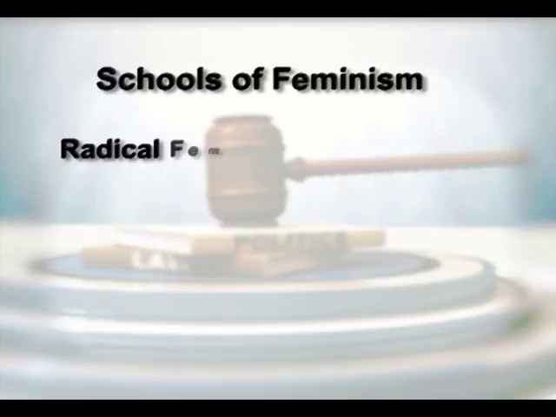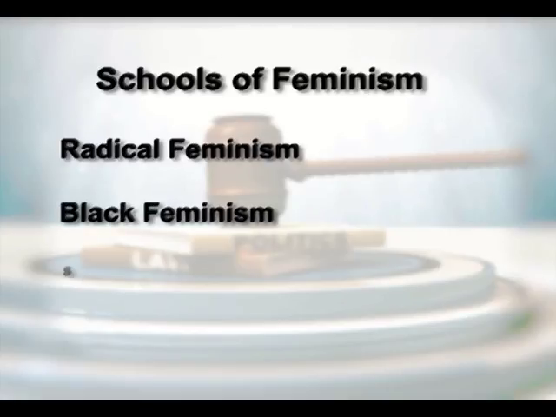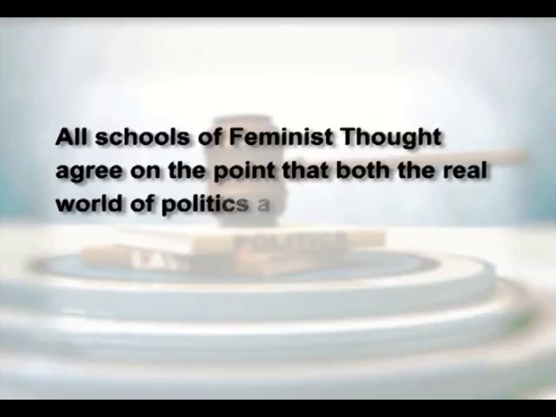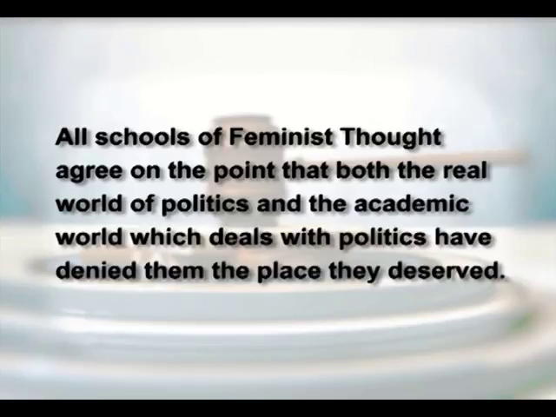Now, we got out of this a number of different ideas on feminism. It's called radical feminism, black feminism, socialist feminism, liberal feminism. So many feminisms are there. There are differences between them, but all of these different schools of feminist thought have something in common.